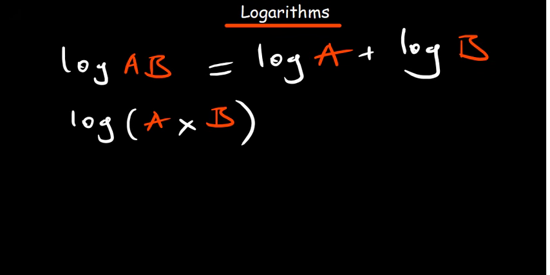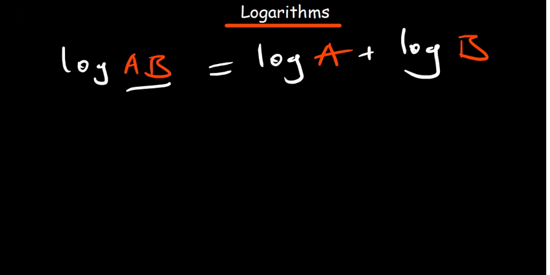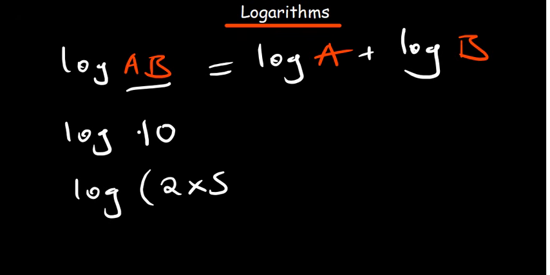Whenever you have a product of two numbers, that is what you have. By an example, in a case where you have log 10, we know the product of 2 and 5 is equal to 10.